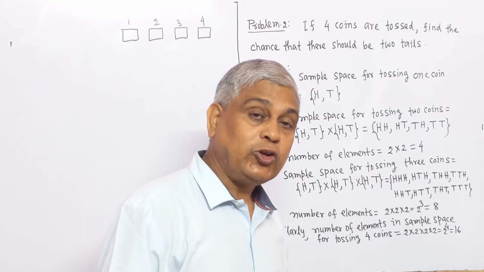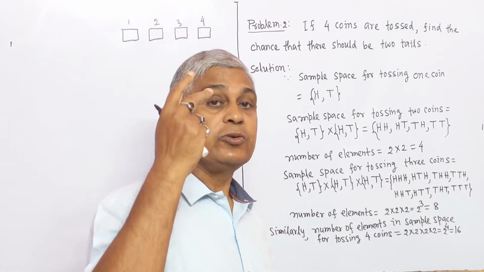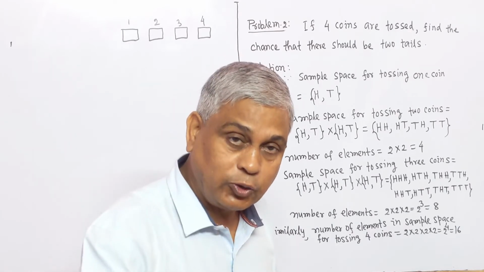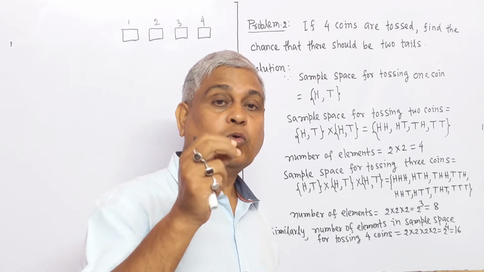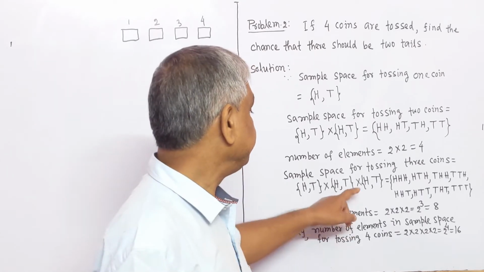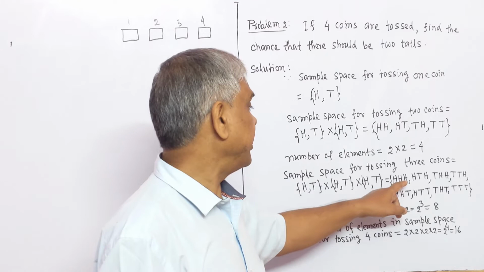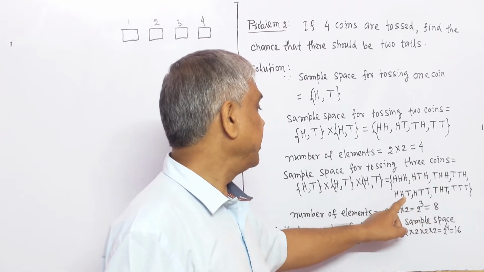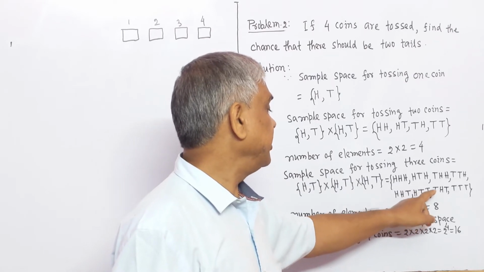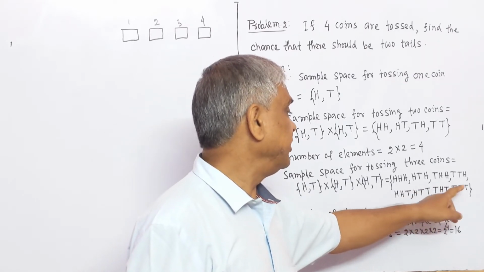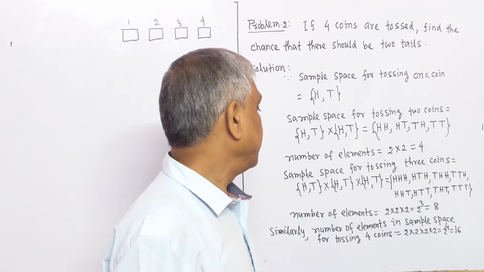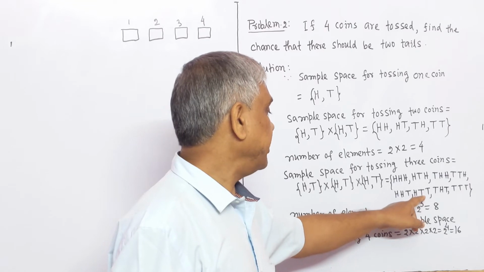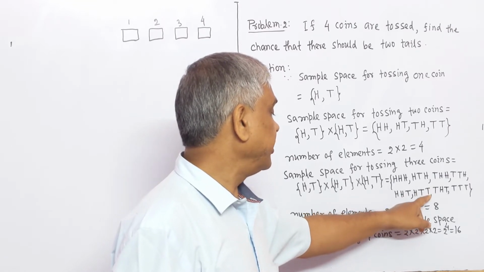Similarly, sample space for tossing 3 coins will be Cartesian product of sample space of one coin thrice. And this is HHH, HHT, HTH, THH, TTH, HTT, THT, TTT. This HTT means in the first coin head, in the second coin tail, in the third coin tail.